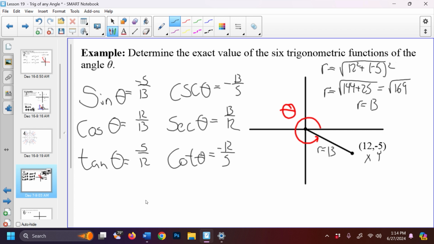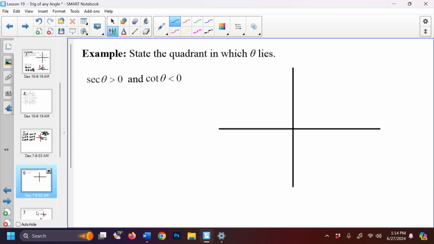All right, next problem. It says state the quadrant in which theta lies. Now here, they say that the secant of theta is greater than 0. That implies that it is positive. And here they say that the cotangent of theta is less than 0. That implies that it is negative.